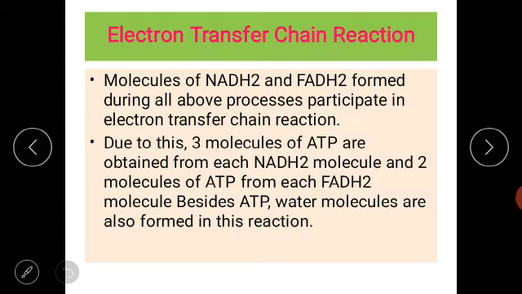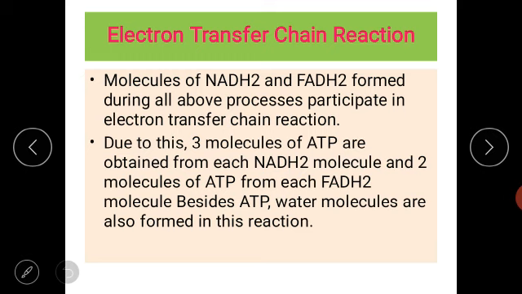Now, the next part that we are going to study is the electron transfer chain. In the previous lecture, we discussed how the TCA cycle operates in the mitochondria and why it operates for the generation of ATP.